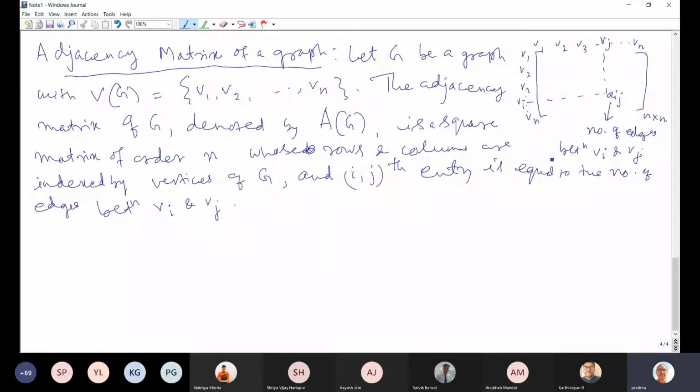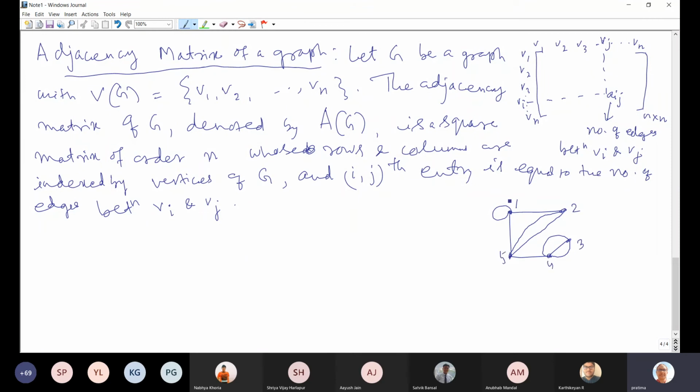Suppose I am making a graph like this. Consider this graph. I have taken this one, and here there may be some parallel edges. One more parallel edge is there, and here also I am having a parallel edge kind of thing. Say the vertices are 1, 2, 3, 4, 5.